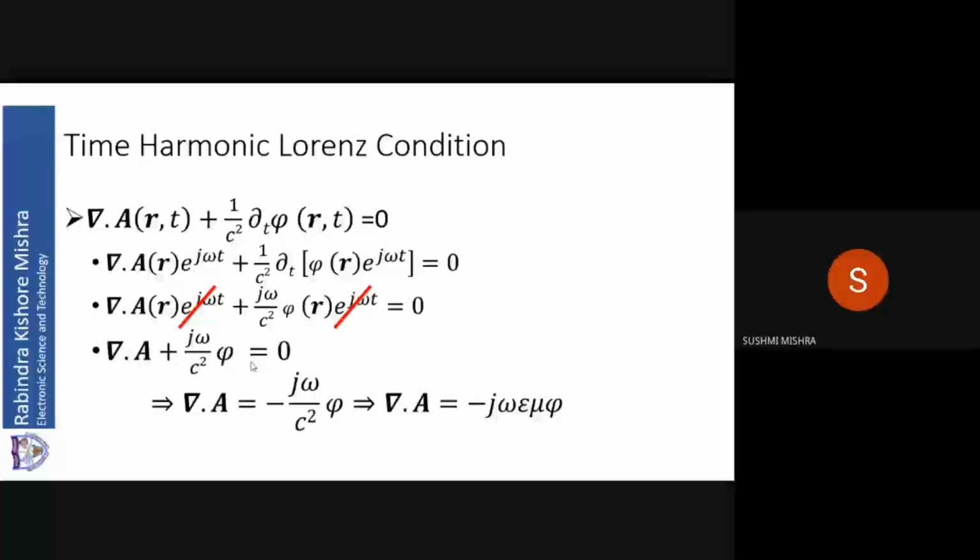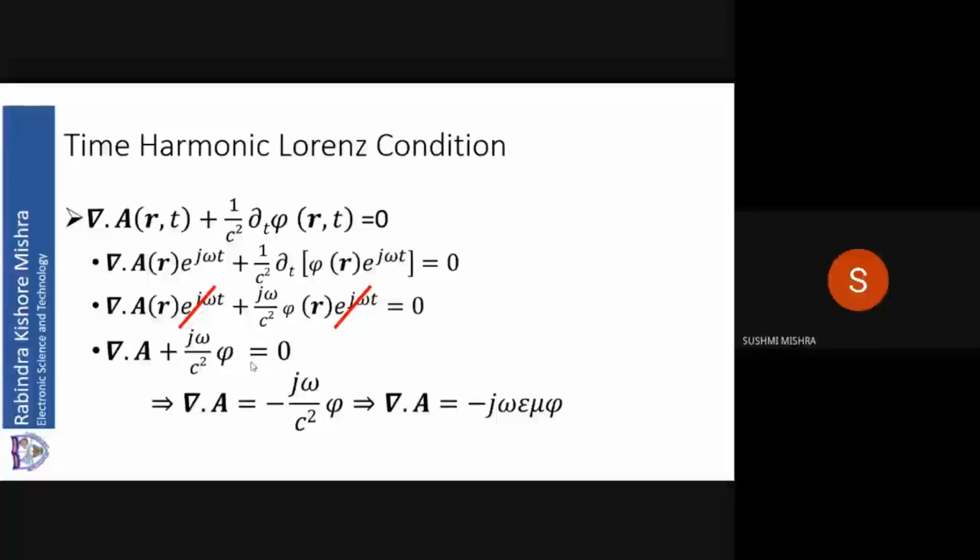That gives divergence of A is equal to minus j omega into mu 0 epsilon 0, or you can say mu epsilon, into phi, because 1 by c square is equal to epsilon into mu. As you know, speed of light c is equal to 1 upon root over of mu epsilon. So c square is equal to 1 upon mu epsilon. 1 upon c square will be mu into epsilon. So now our Lorentz condition looks much simpler without the time derivative.